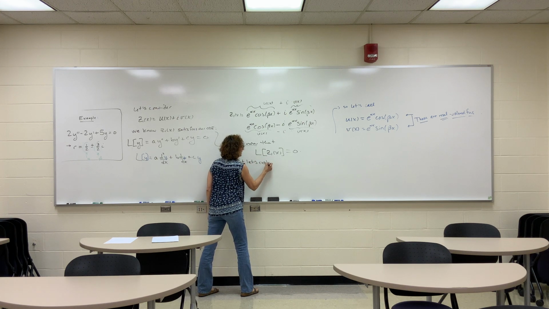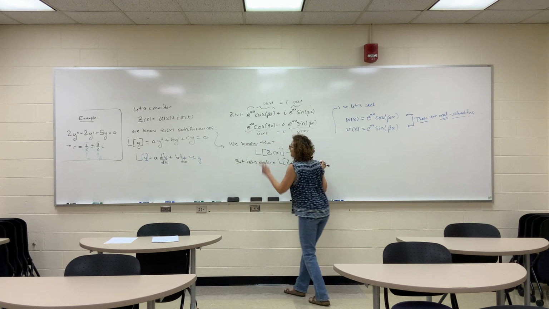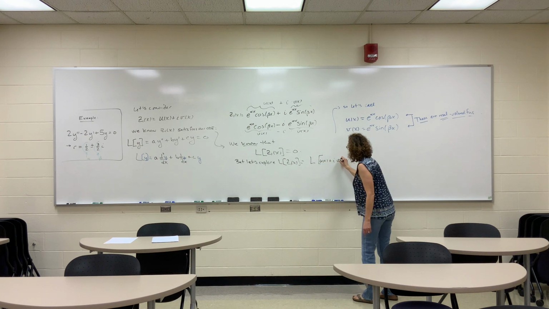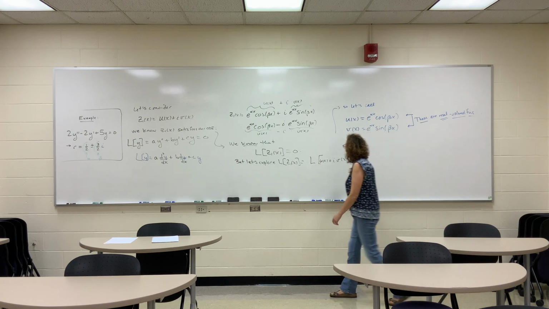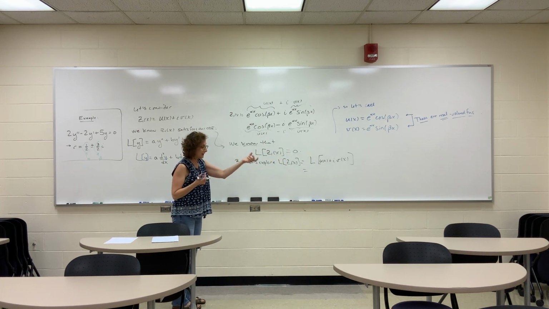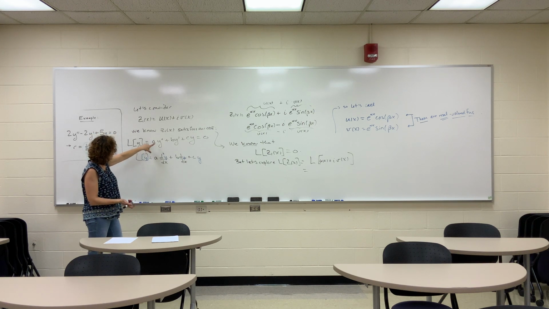But let's explore this L of Z1. We said we're going to let Z1 be U of x plus i times V of x. We've already looked at adding two functions together and multiplying a function by a constant, and what that does with linear constant coefficient ODEs.